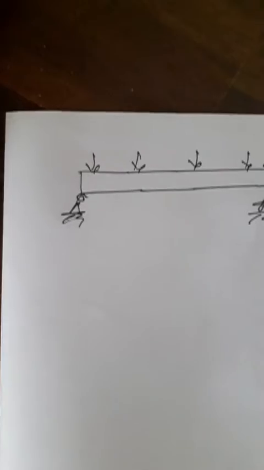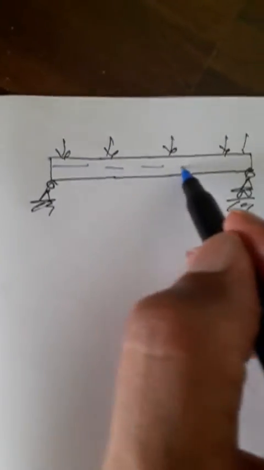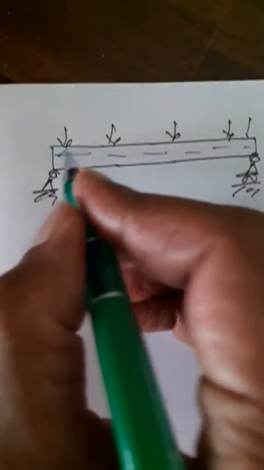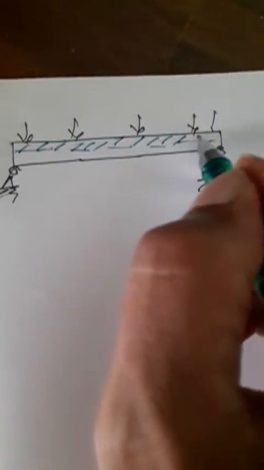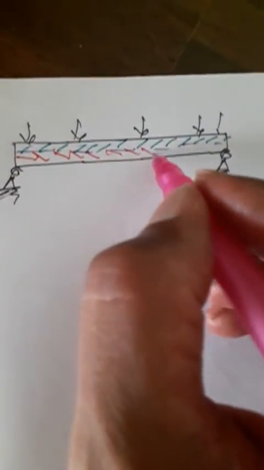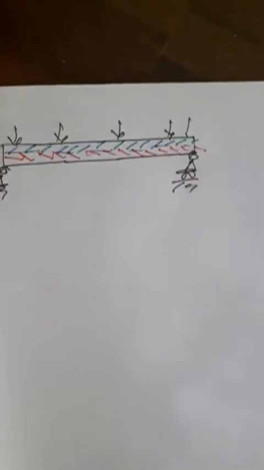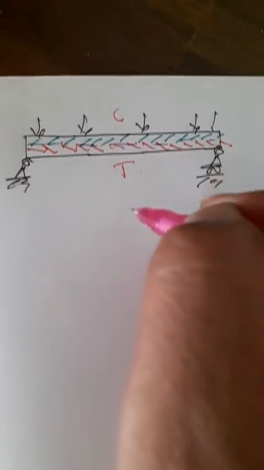So the top will be in compression, the bottom will be in tension. So for this section, let us assume the top portion is in compression and the bottom portion is in tension.